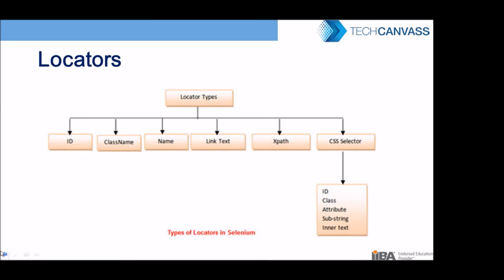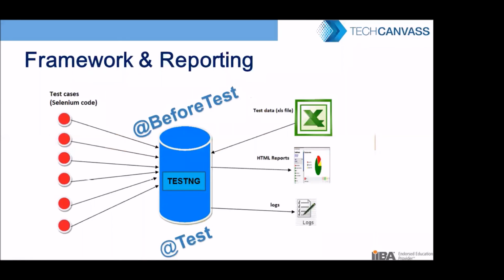This is the one thing given by developers mandatorily. So if something is not given, we can go for CSS selector. When CSS selector is also not there, we can go for XPath, but try to use relative XPath. So these are the different types of locators and we have seen them now.